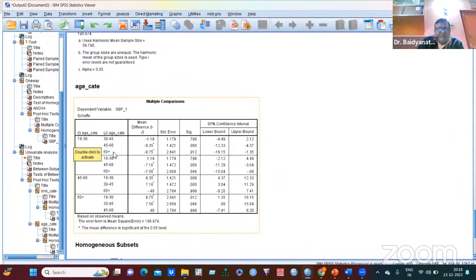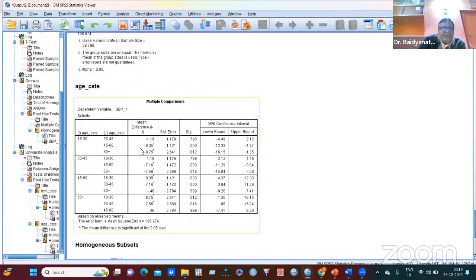Age group 1 versus age group 4 is also significant. 2 versus 1 and 1 versus 2 are the same, 799. 2 versus 3 is significant, and 2 versus 4 is also significant. 3 versus 2 is also significant, and 3 versus 4 is not significant. And again the last category, same thing. We have 2 significant.